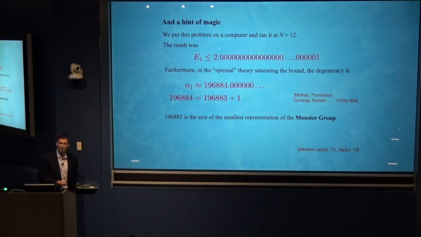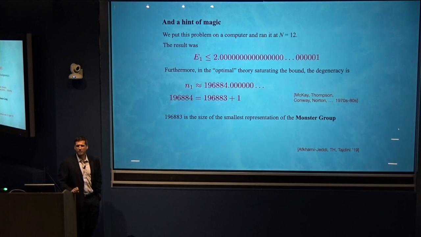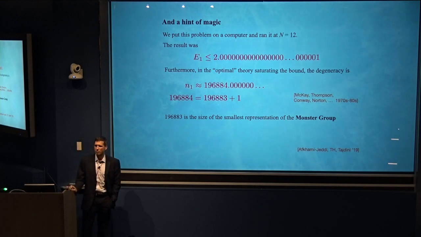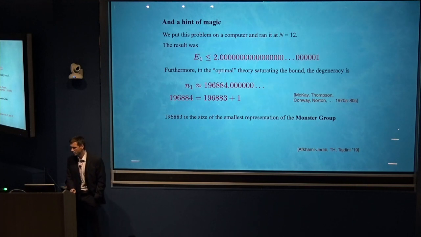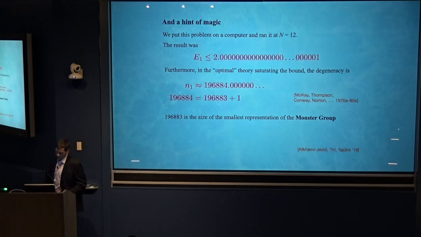Okay, so that number might not mean anything to you, but it's a famous number because it's 196,883 plus 1. And that number is a famous number in mathematics. So that number is associated to a mathematical object called the monster group. The monster group is a very complex object that has a habit of showing up in areas of mathematics where nobody ordered it.